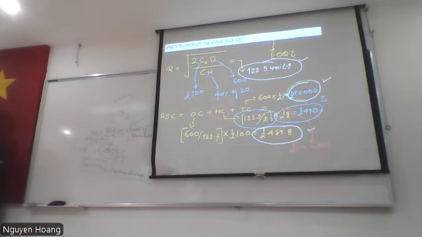So we need to add now 3 numbers. One is this, plus this, plus this. We will add these 3 numbers.